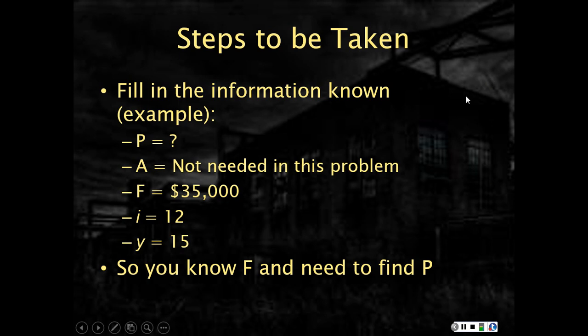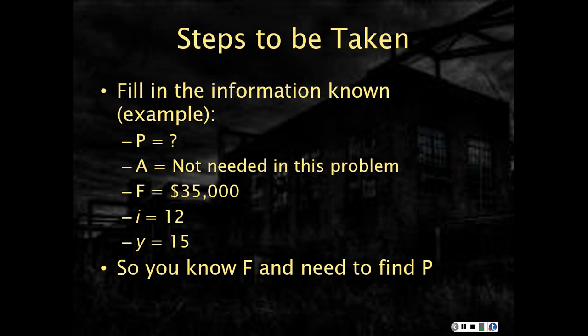In the problem we just looked at, we want to know how much we have to deposit today. So that's the variable we're looking for, the present value. In other words, today, how much money do I have to go down and put in a bank? I don't care how much money I'm making a year, so that's not needed in this problem. That's the annual amount. But what they want to know is how much I'm going to have to put in a bank today to make sure that after a certain number of years, that future value is equivalent to $35,000.